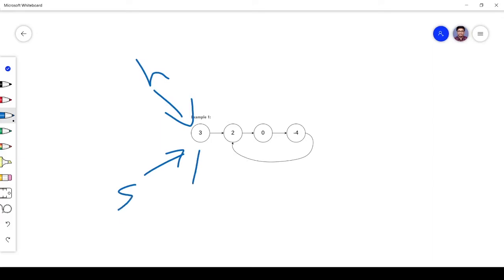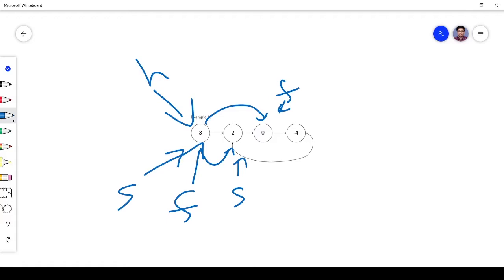Initially, both the pointers, slow as well as fast, are pointing to the first node. In the first iteration, the slow pointer will move by one node and the fast pointer will move by two nodes. Again, we iterate, and the slow will move by one. But this time, the fast cannot move by two because there is no node present after the tail.